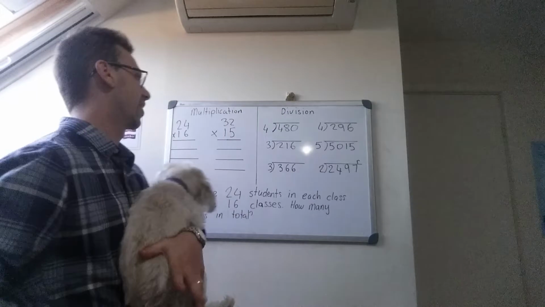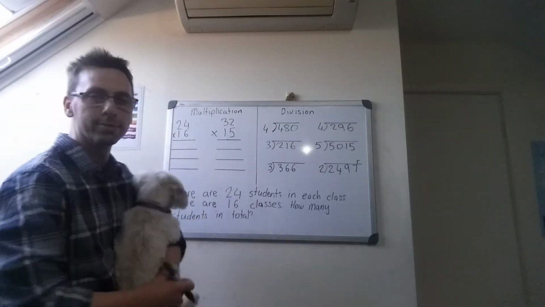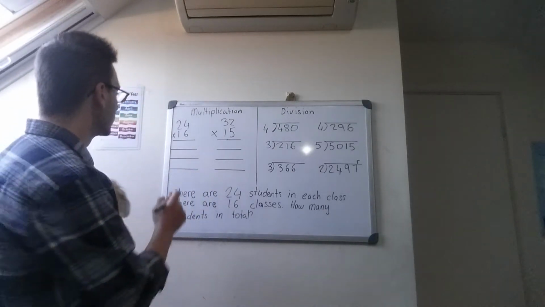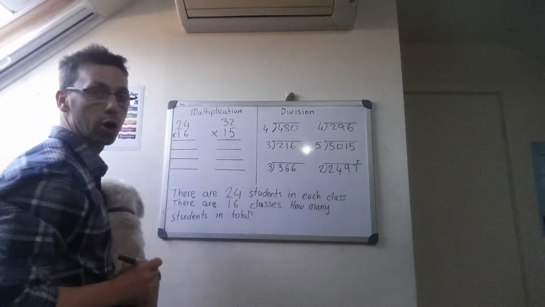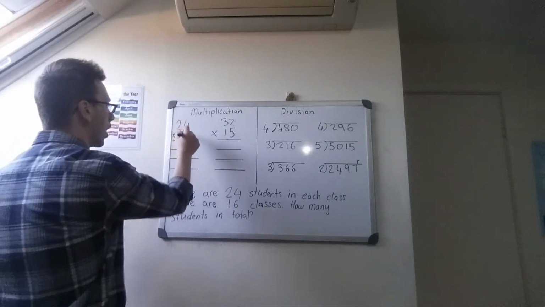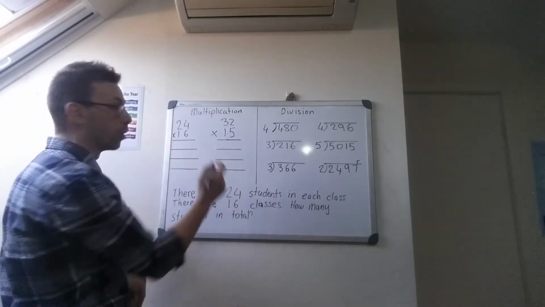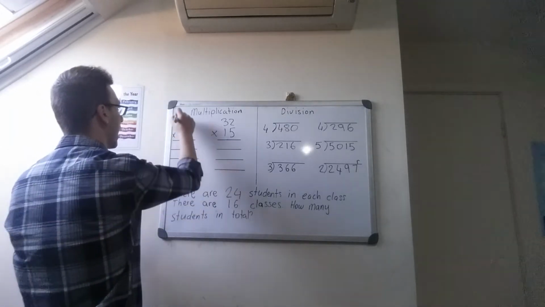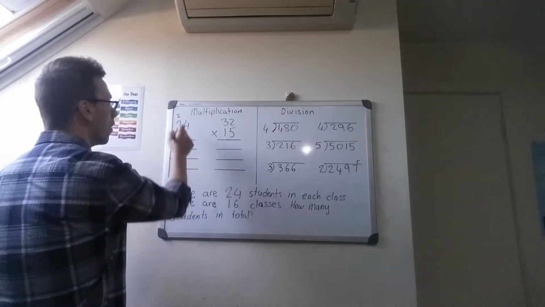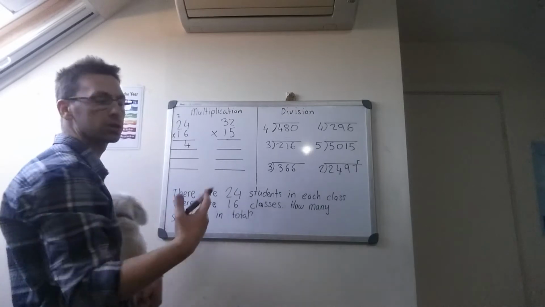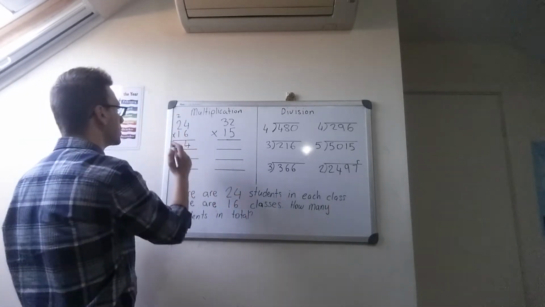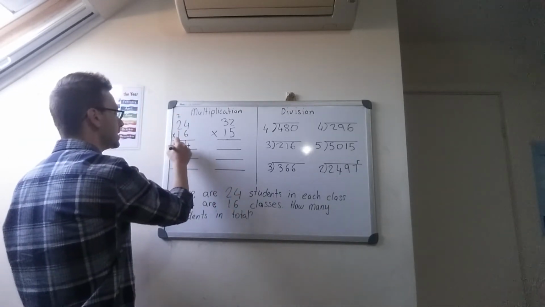All right, let's go. 24 times 16. Now, always start with the top number. 4 times 6, 24. Put the 4, carry the 2. 4 times 1 equals 4, plus the 2 equals 6.